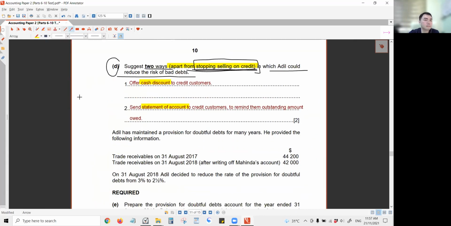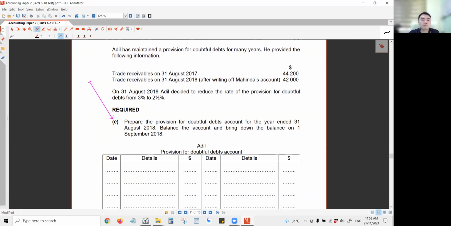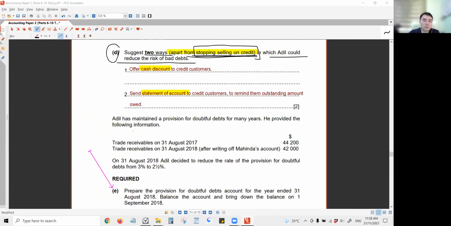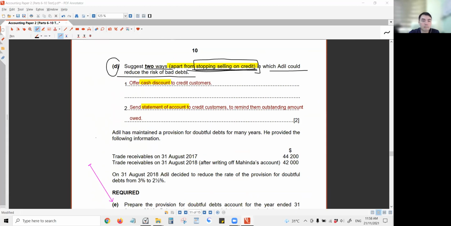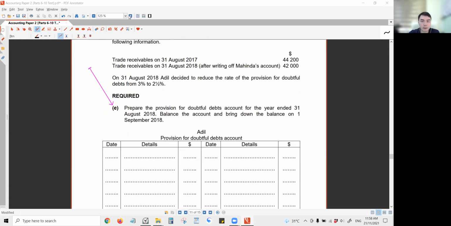Question E. This question you also did before. Okay, now we look at question E. Question E. Okay, question E. You are asked to do a provision for doubtful debts account.